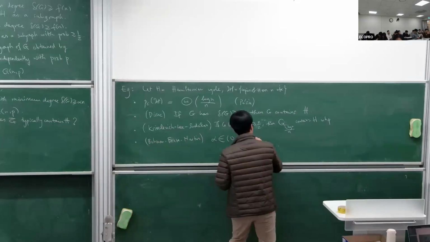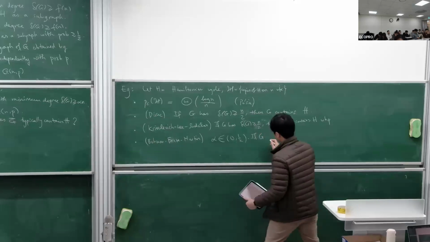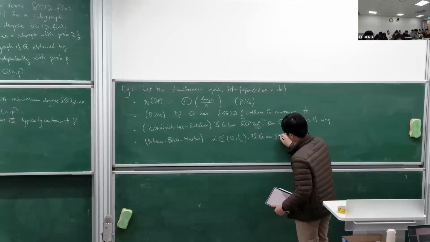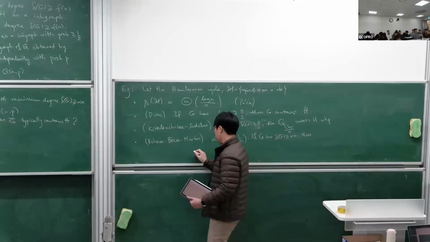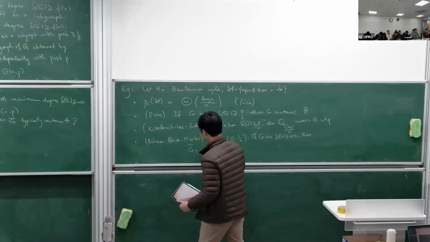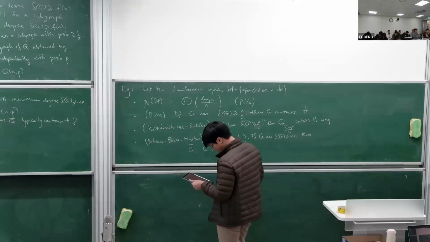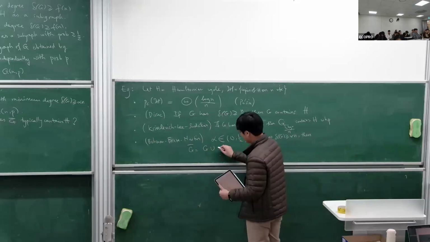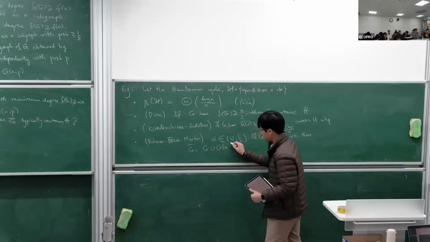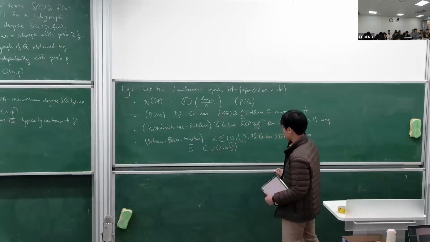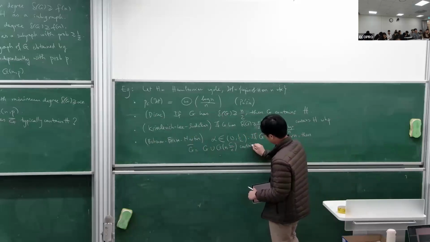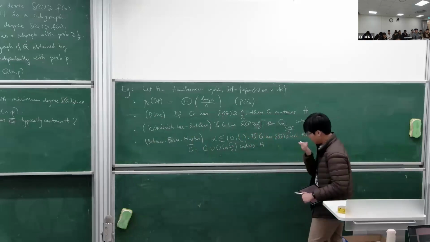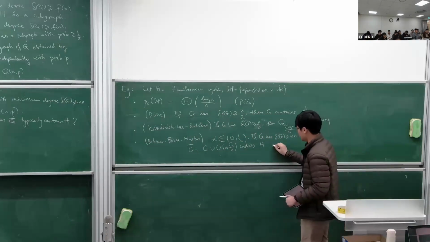Now, if G is a graph with minimum degree at least alpha n, then G bar, which is the union of G and a random graph G(n, C/n), would already contain a Hamiltonian cycle with high probability.